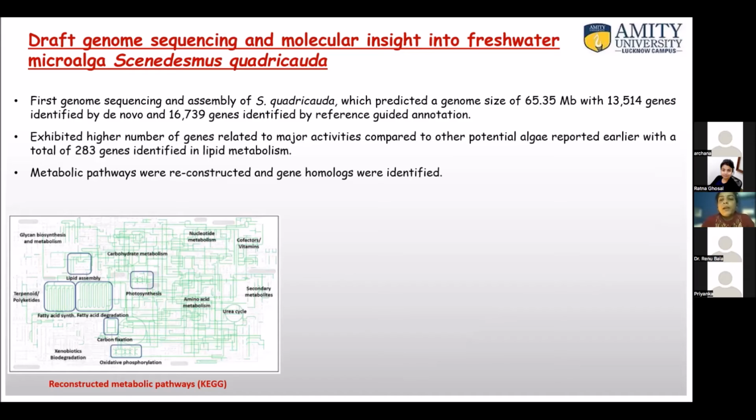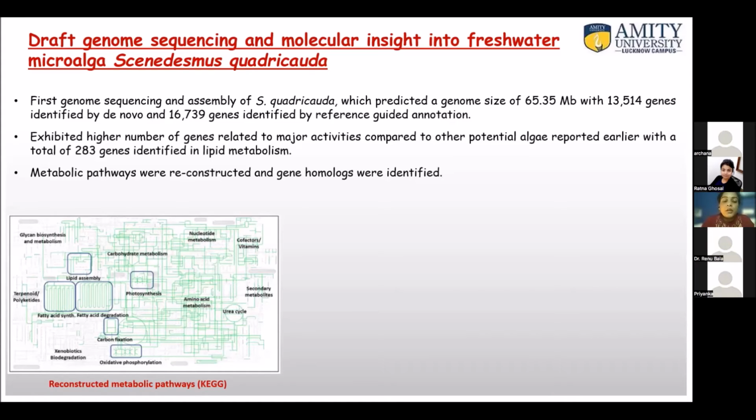We have found out almost 13,514 genes in de novo sequencing, and even more, that is 16,739 genes in reference guided annotation. For reference guided annotation, we have taken another freshwater microalgae, that is Monoraphidium neglectum. So with that, we are getting so many genes identified. And for lipid production, we have identified 283 genes in their pathways.